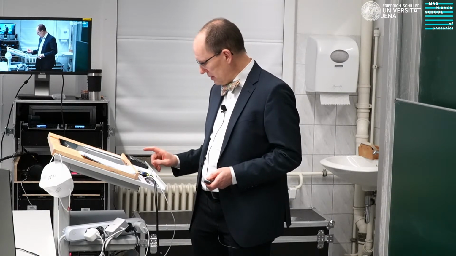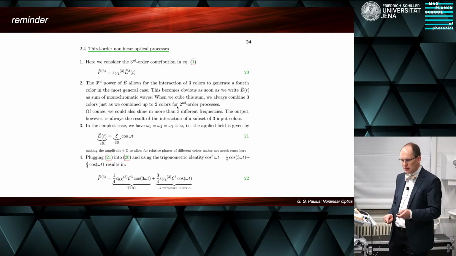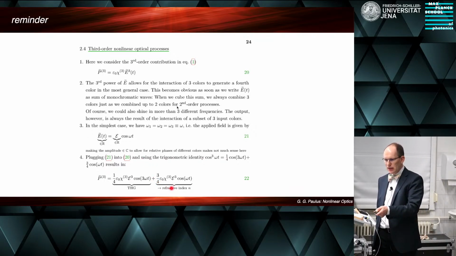So this is at the basis of all these effects, and therefore it's so important. Okay, perhaps just another quick glance at what we had here. You see already an idea of how the refractive index should depend on the susceptibility. So you may remember this prefactor of 3/4.